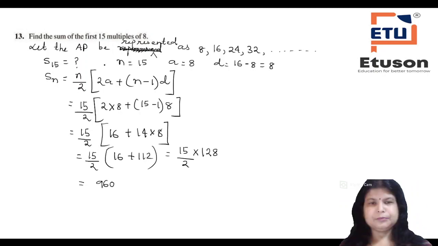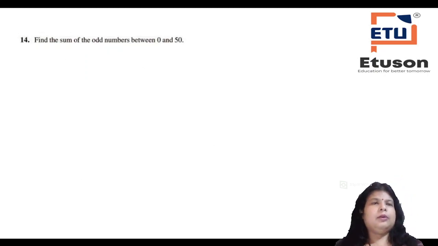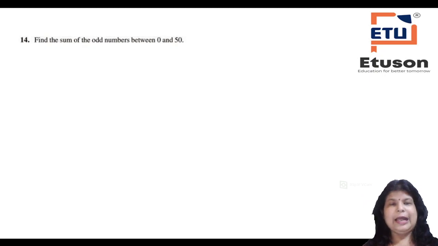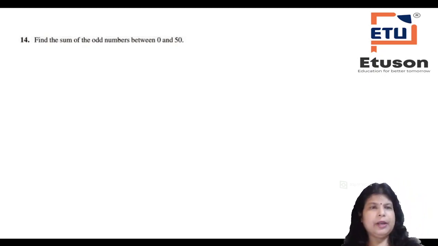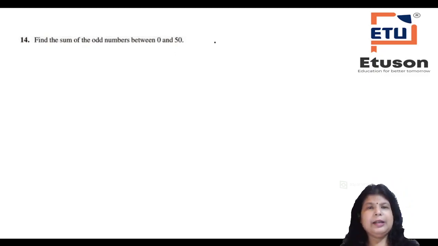Okay children, so now let us go to the next question. Find the sum of the odd numbers between 0 and 50.